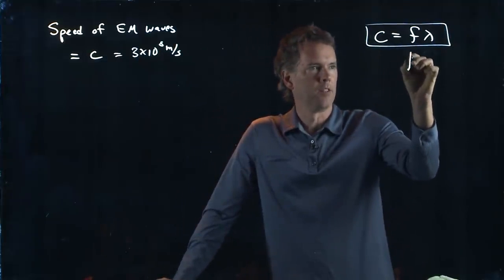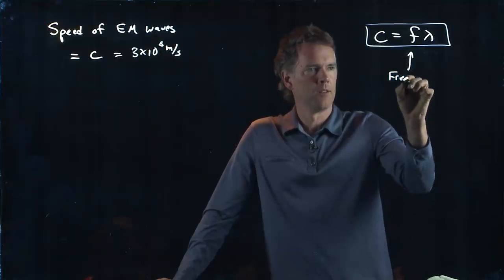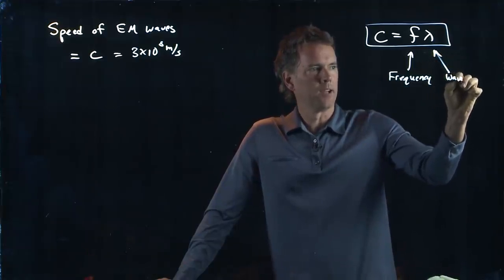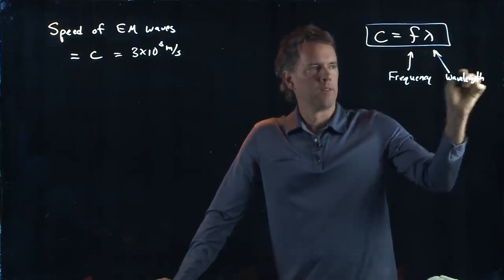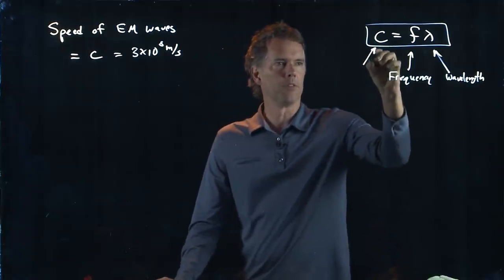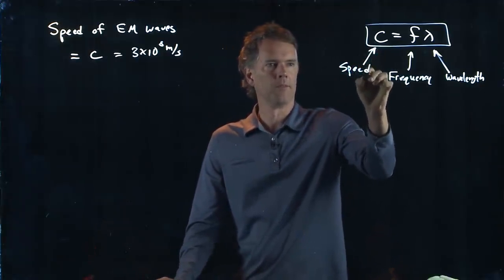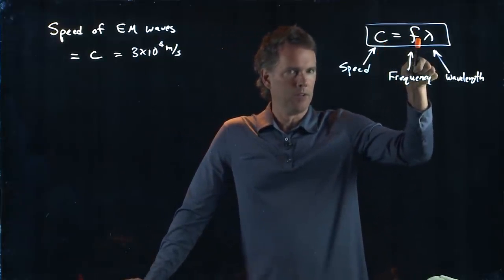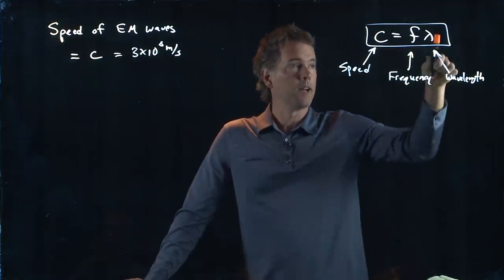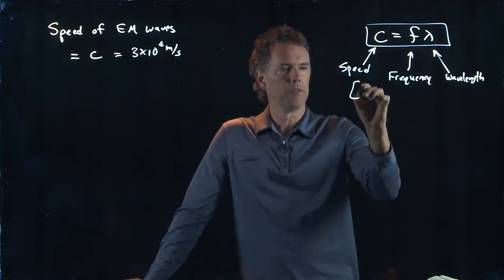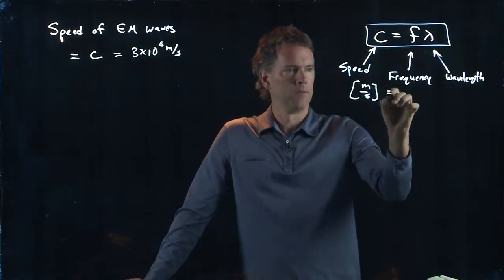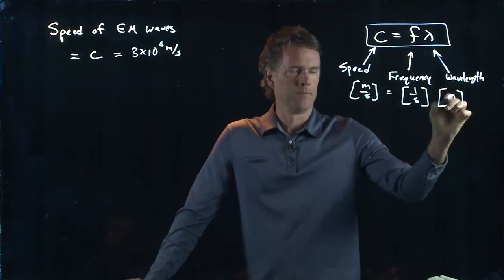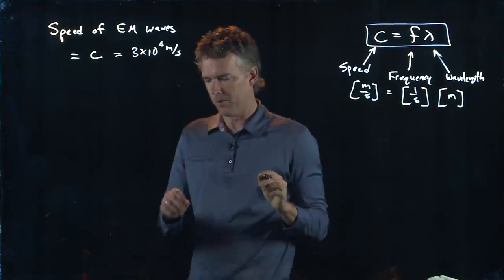F is the frequency. Lambda is the wavelength. C is, of course, the speed of light. Okay, so meters per second is F, which is 1 over seconds, times lambda, which is meters. Okay, so that's the relationship that we're dealing with.